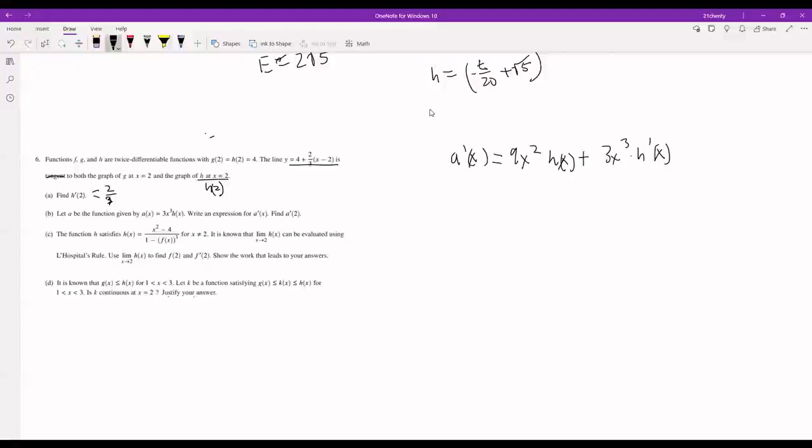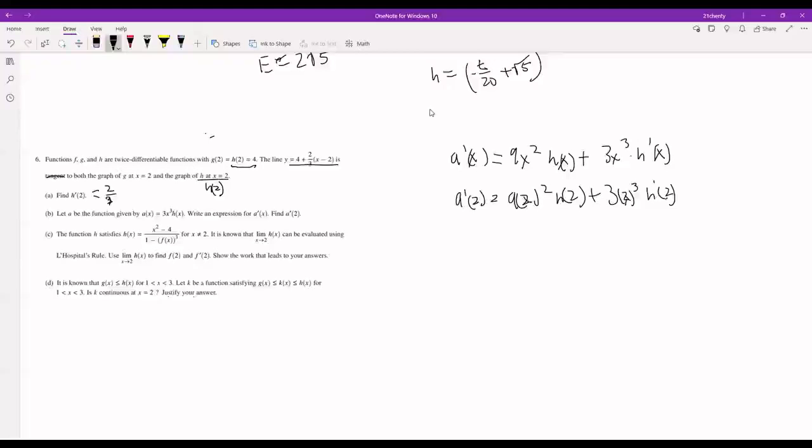That is the first part of the problem. Now find a prime of 2. Well, when we plug in 2, we see that we need h of 2, and we need h prime of 2. So h prime of 2, we found in part A, h of 2 is given right here, and it's 4.